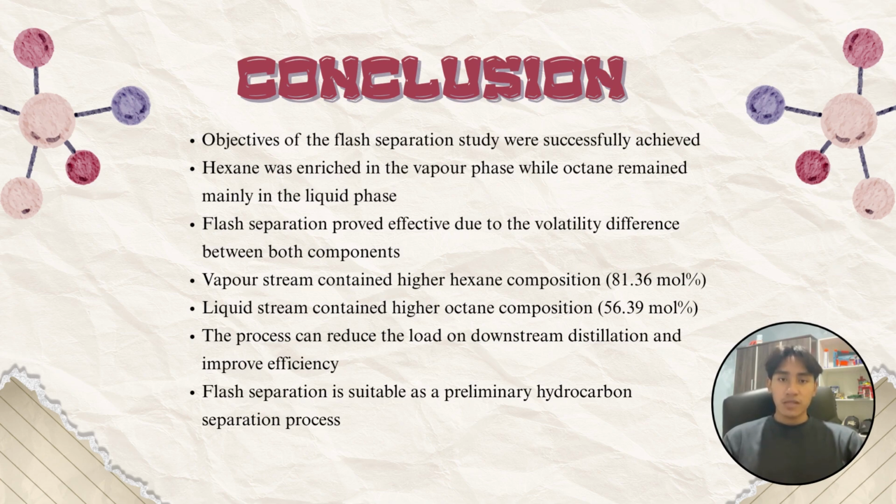The vapor stream contained a higher hexane composition, which is 81.36 mole percent, and the liquid stream contained a higher octane composition, which is 56.39 mole percent. The process can reduce the load on downstream distillation and improve efficiency, and flash separation is also suitable as a preliminary hydrocarbon separation process.